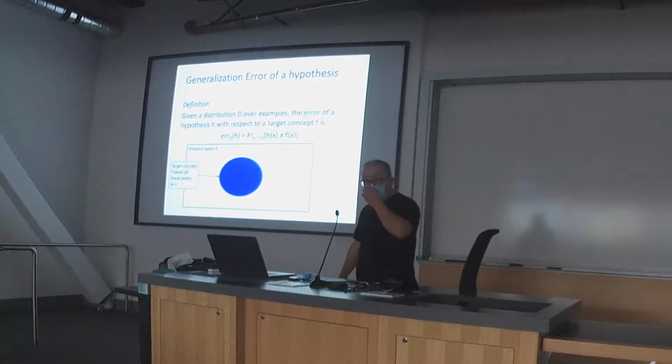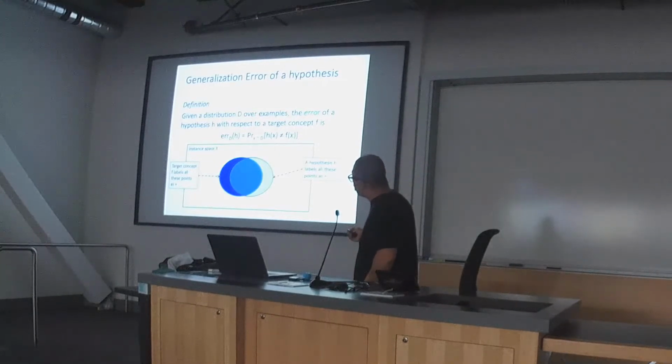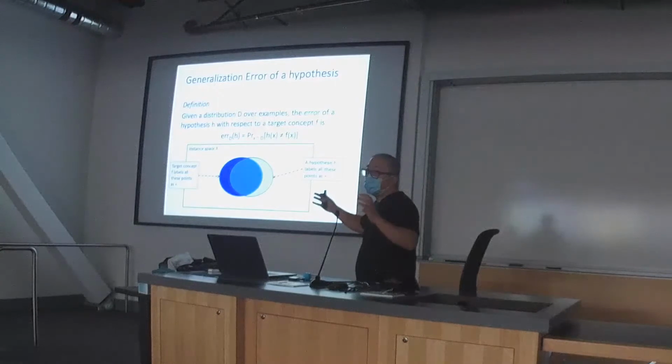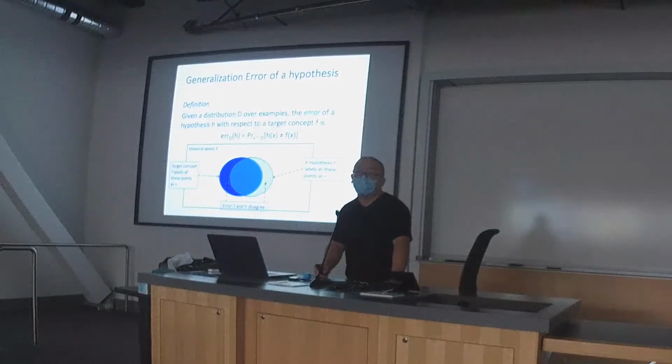And then suppose you have learned a hypothesis h, which labels another portion of the instances as positive. You can see that the two circles overlap largely, but not completely. There is some disagreement, and the generalization error comes from the area of the disagreement.